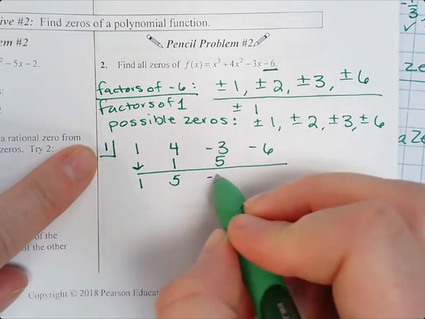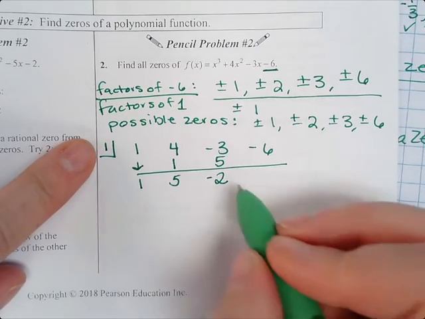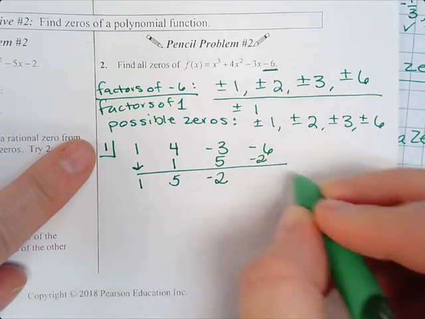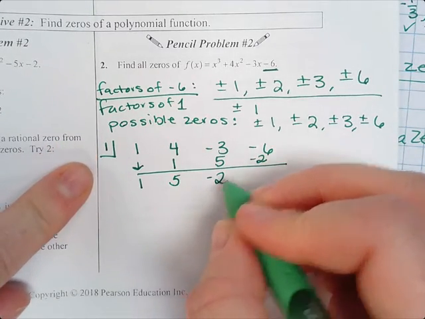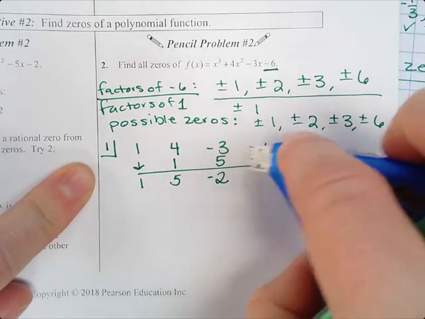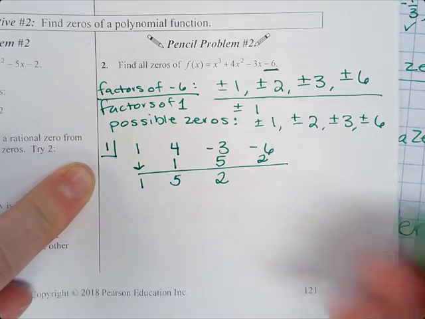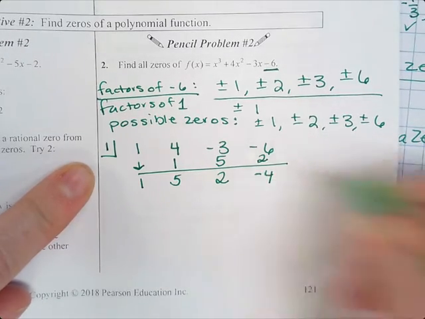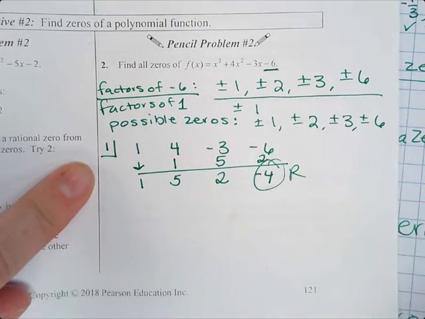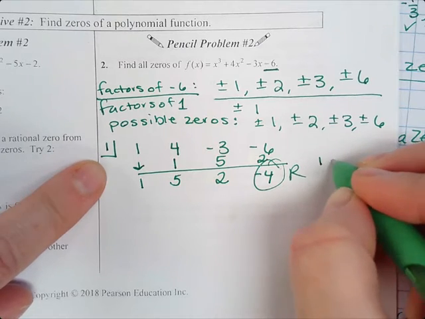Add those together, you get -2. 1 times -2 is -2. Add those. No, that's supposed to be a positive. Okay. And so that gets -4. So my remainder is a -4. So 1 is not a 0.